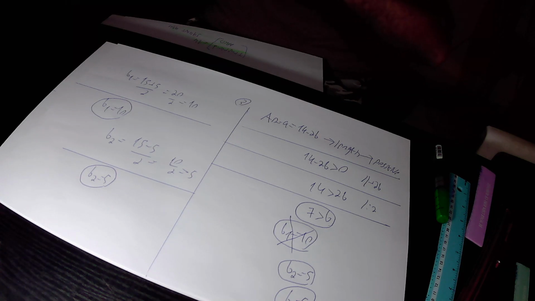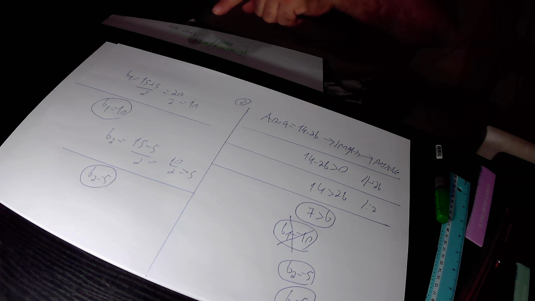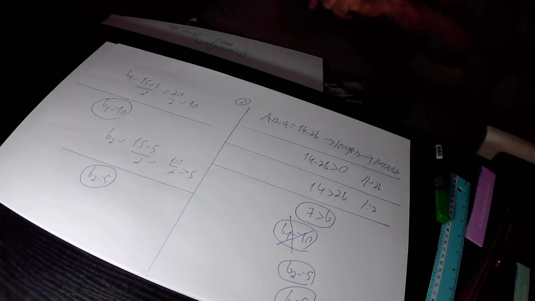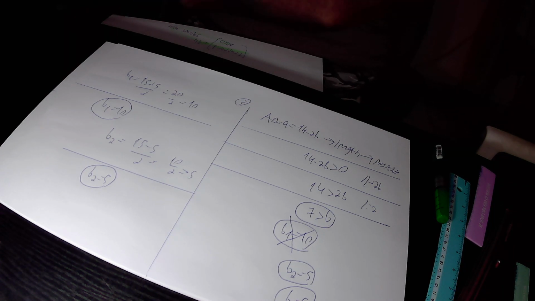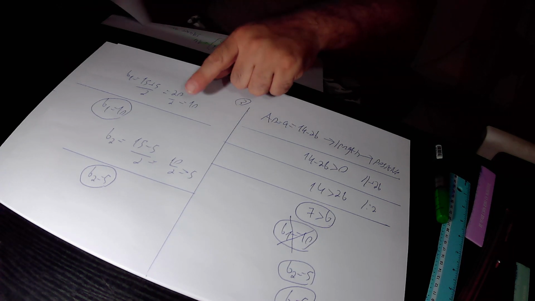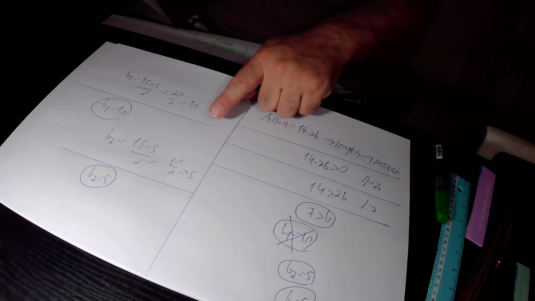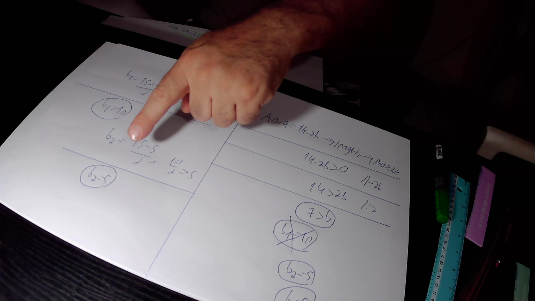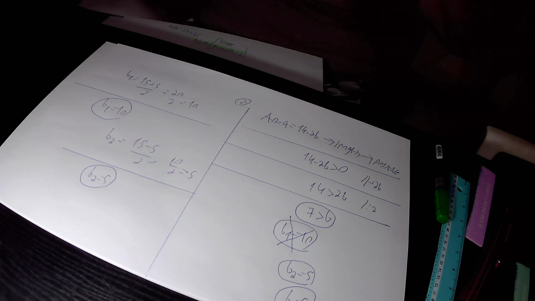So the first solution for b is b1 equals 10, and the second solution for b is b equals 15 minus 5 over 2. 15 minus 5 is 10, and 10 over 2 is 5. So the second solution for b is b2 equals 5.